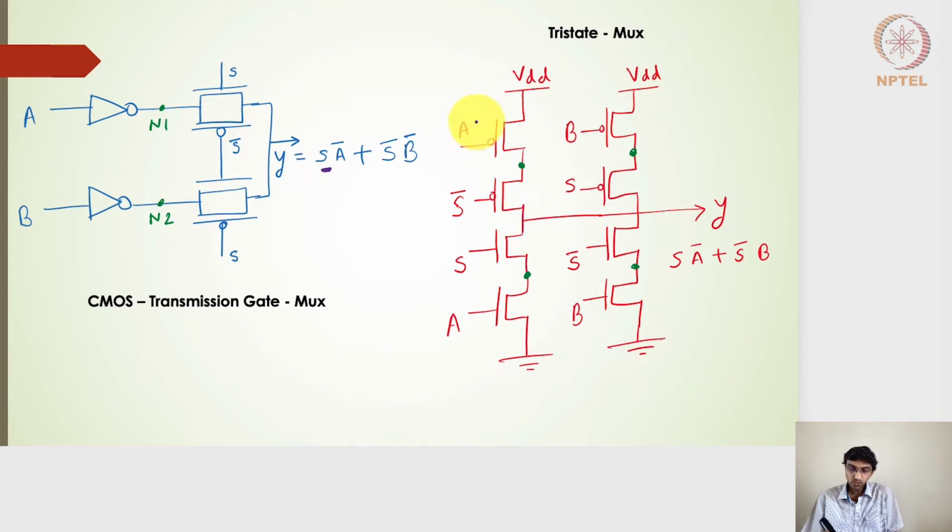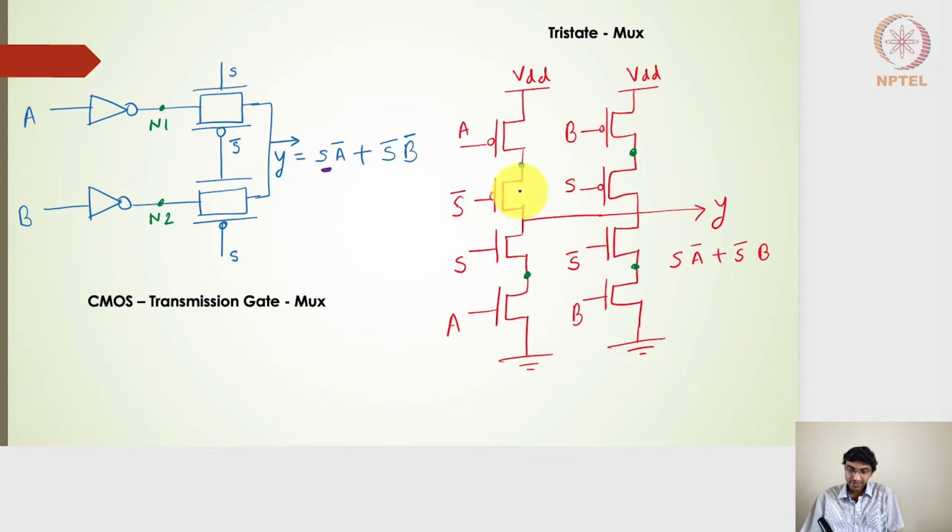When the select S is equal to 1, this will be on, and this will be on because S bar will be 0, and this PMOS will be on. So the output, based on A, will be nothing but A bar, the complement of the A signal.